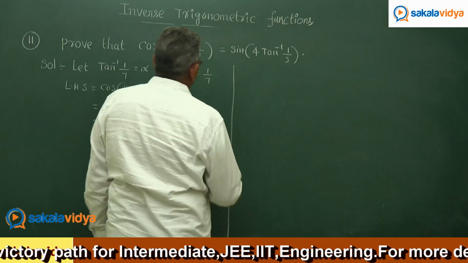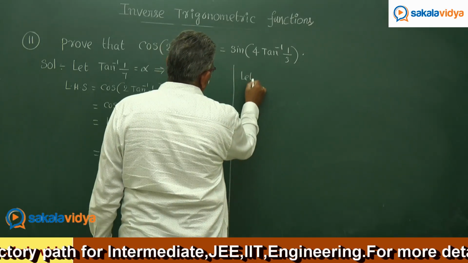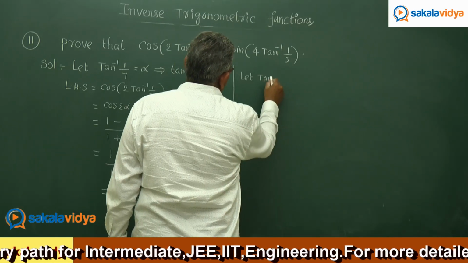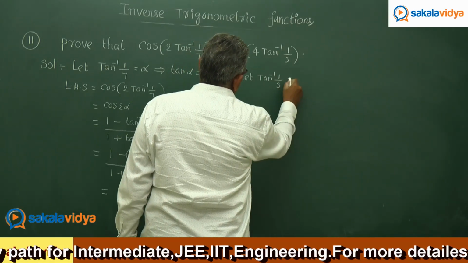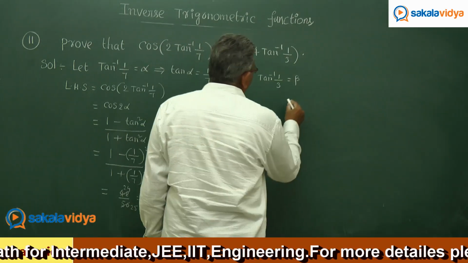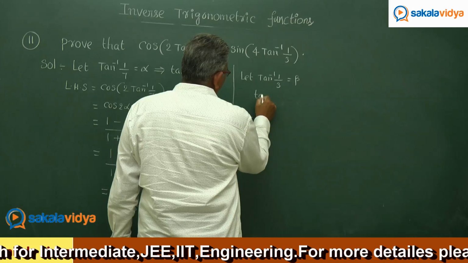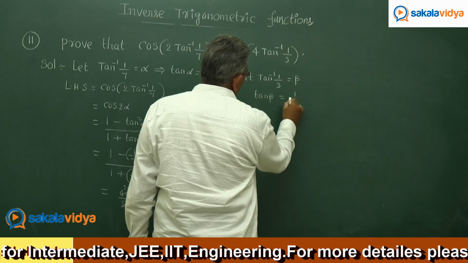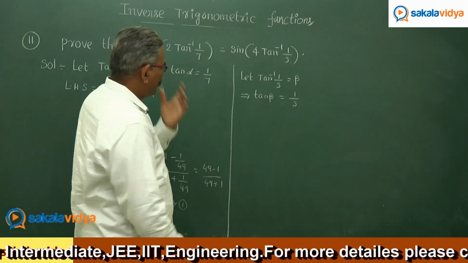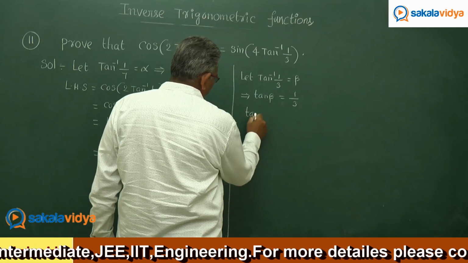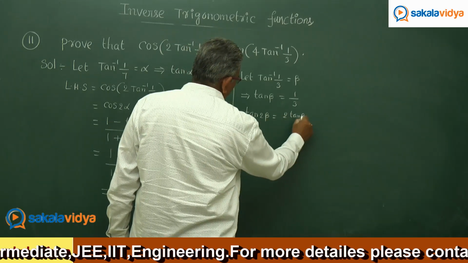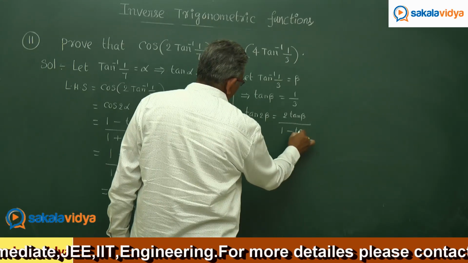Now let us consider, before going to evaluate RHS, tan inverse 1 by 3 equals to beta. Tan beta equals to 1 by 3. First let us find out tan 2 beta, that is 2 tan beta by 1 minus tan square beta.